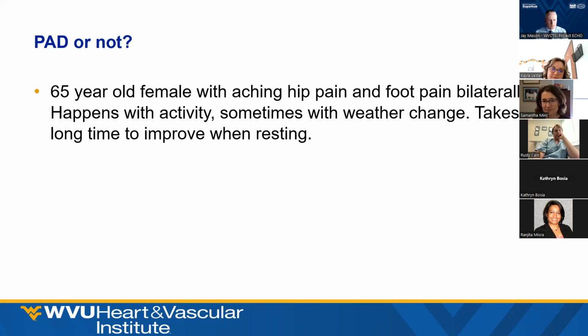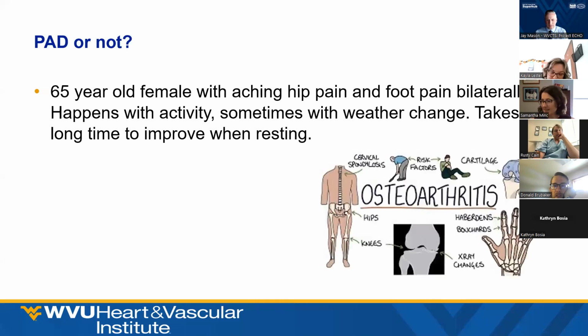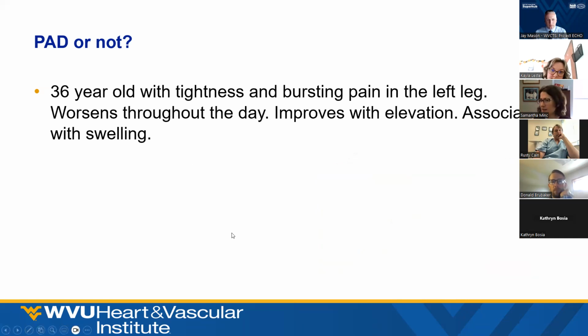Is it PAD or not? I would also not suspect PAD too highly here. Probably more directly arthritic disease of, let's say, hips. Absolutely. So arthritis, hips, knees. People can get arthritis in their feet as well, but I think the weather thing and it just lingering and being achy is a good example there.